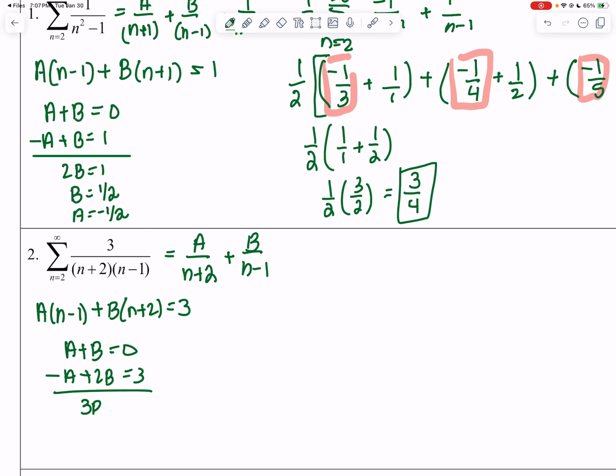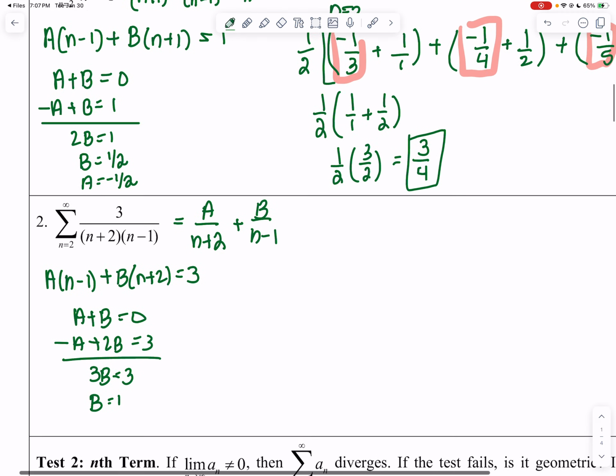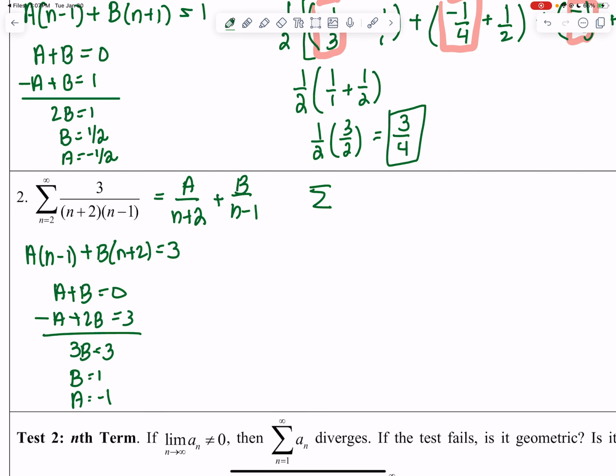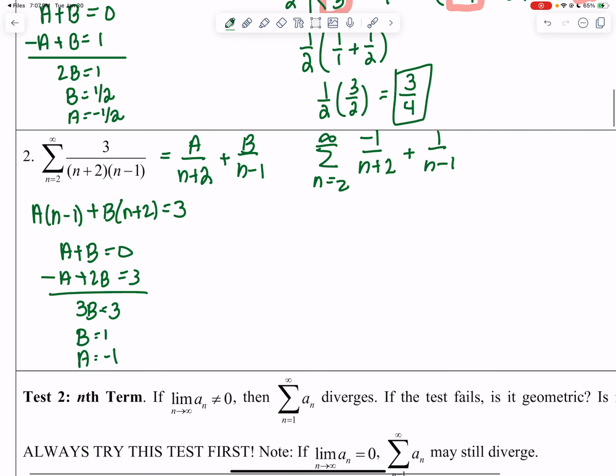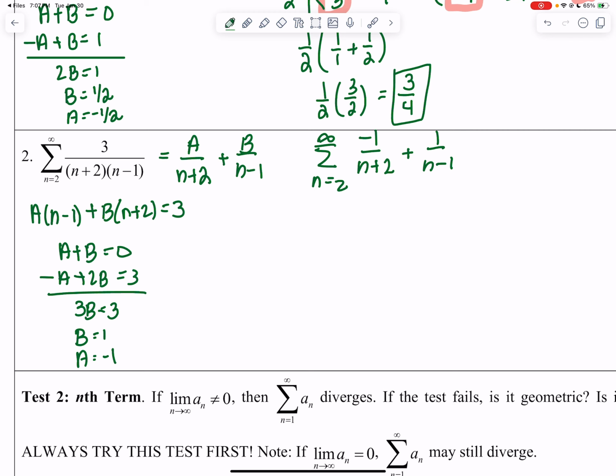I use elimination. B is going to be 1. If b is 1, then a is negative 1. Which means that my summation from 2 to infinity is going to be negative 1 over n plus 2 plus 1 over n minus 1. And now I can find the first couple of terms starting at term number 2. So that's where I start at.